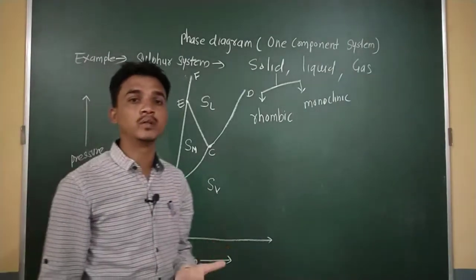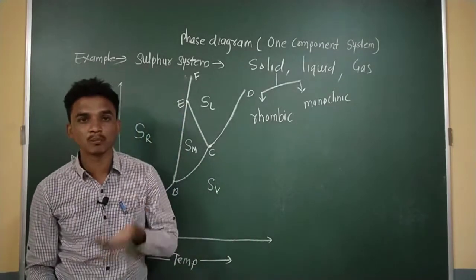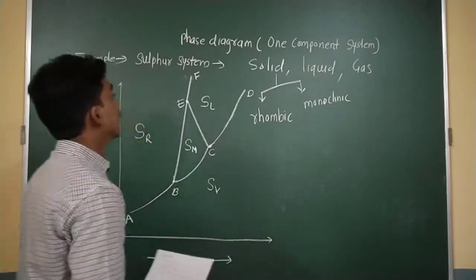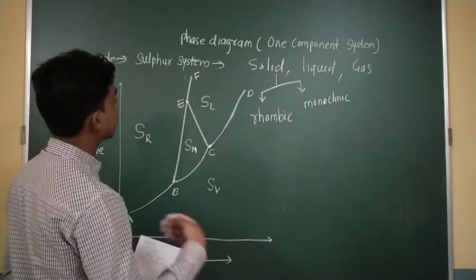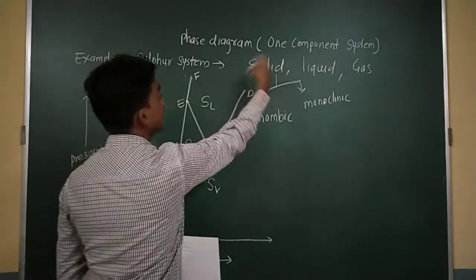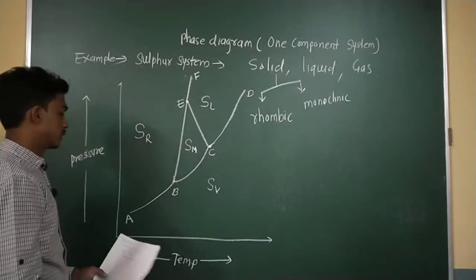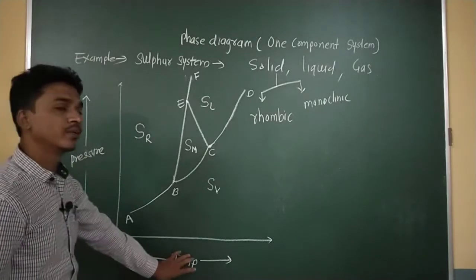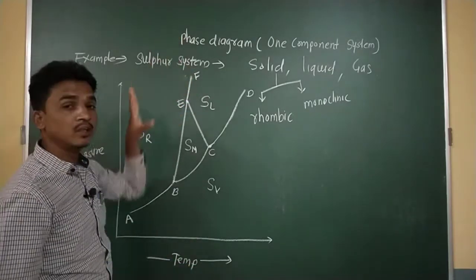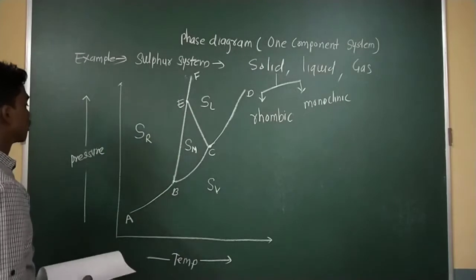By using these two variables we can change the equilibrium of the different phases, maybe solid, maybe liquid, and maybe gaseous. So these two variables are very important in the phase equilibrium of any system.